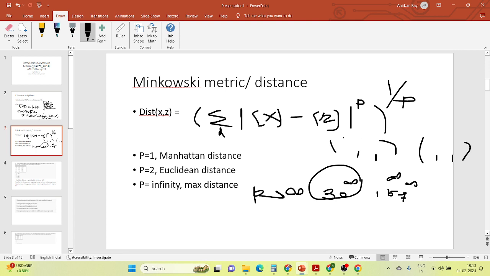Suppose the difference in the x component is the maximum one. Any component can be the maximum. Suppose it is in the x direction, then raised to the power infinity, the others will be almost negligible compared to this one, because the power is so large. So only the maximum one will dominate.